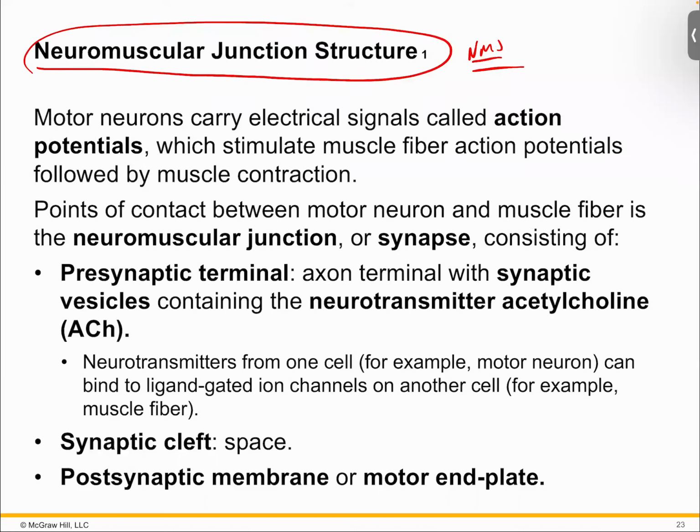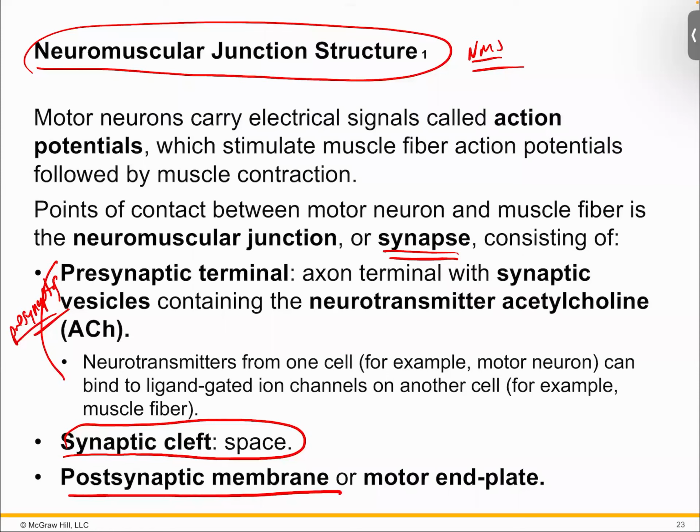The neuromuscular junction is basically a synapse. And in every synapse, there is a common structure. There's basically a presynaptic cell, typically the neuron. Then there's the synapse itself, which is basically this little space in between the presynaptic cell, and then the postsynaptic cell.